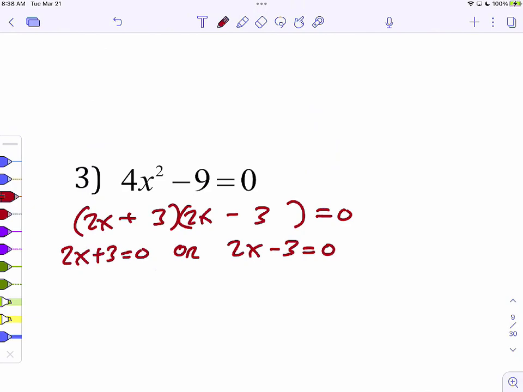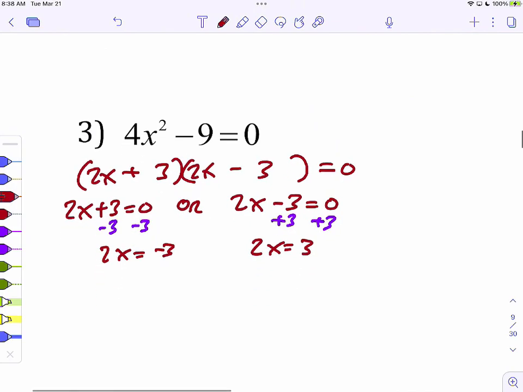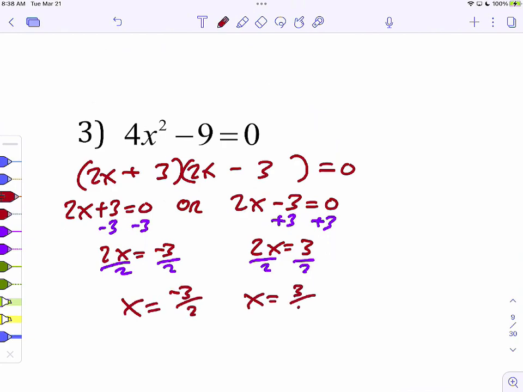The other reason is if you do it this way, you're less likely to forget that there's 2 answers. Where that square root way, people forget, not always, but a lot of the time, that there's 2 answers. I'm going to get opposite answers here. So this is a difference of 2 squares problem.